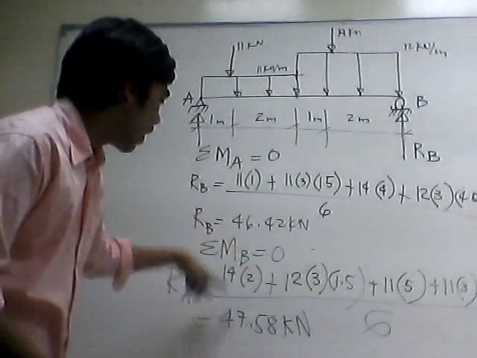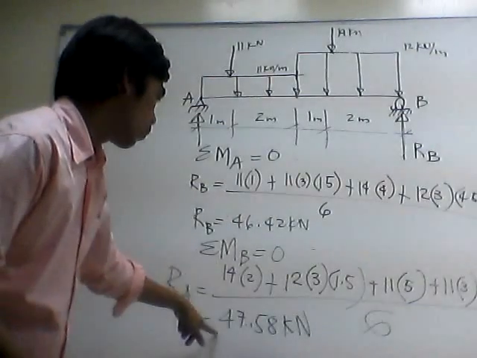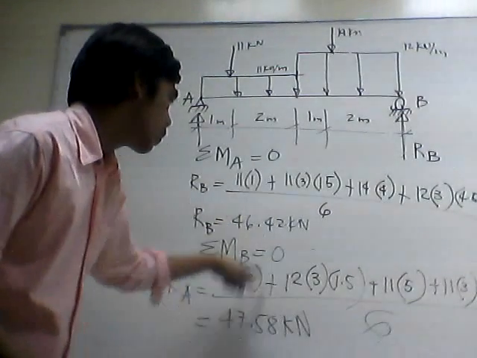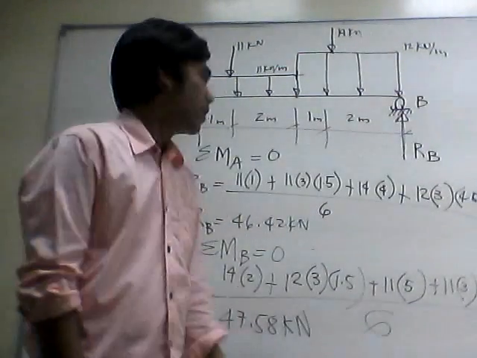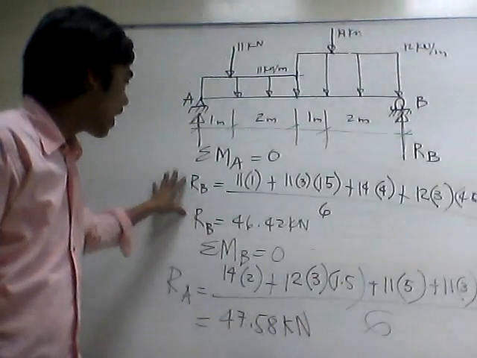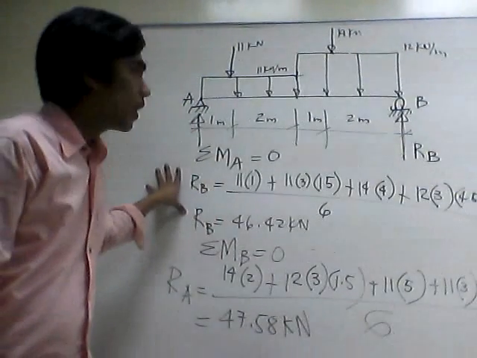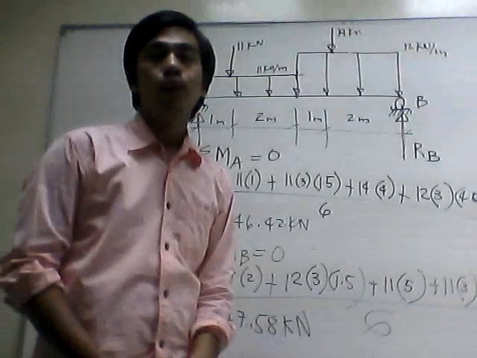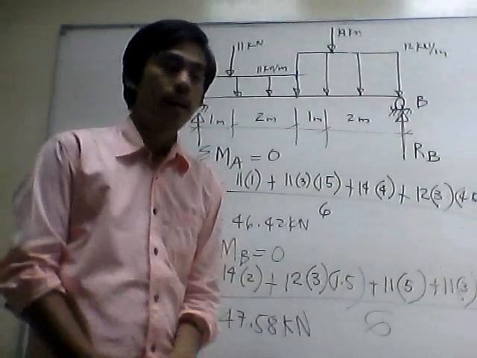And if you are going to add these, that will give you also 94 kilonewton. So we are now sure that RA and RB are correct.